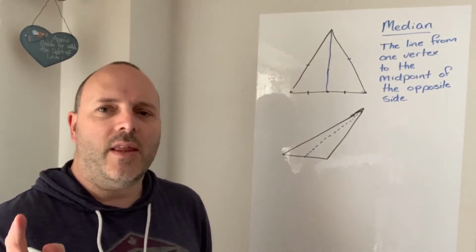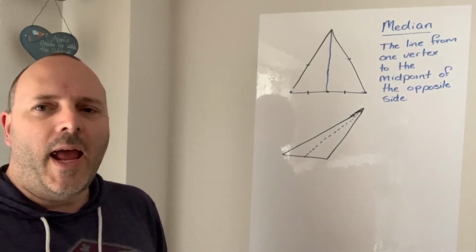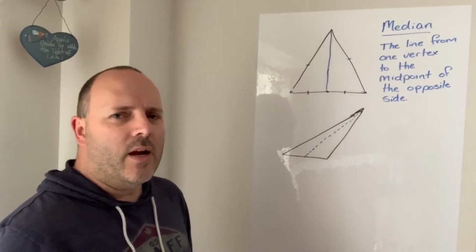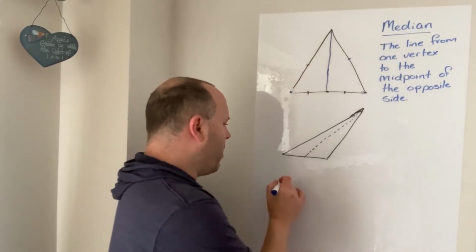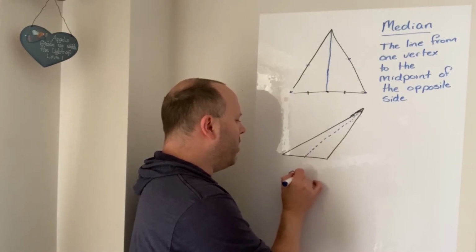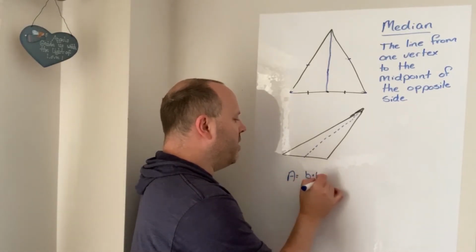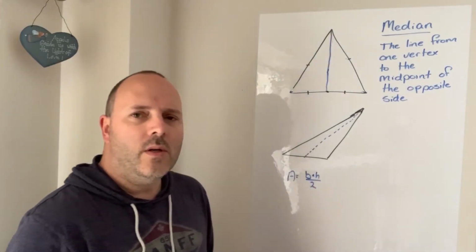My conjecture is they have the same area, and I can prove that that's true. Remember, what's the formula for the area of a triangle? Area is equal to base times height divided by 2.